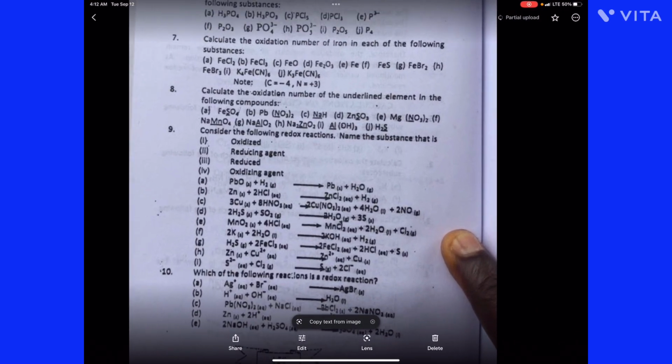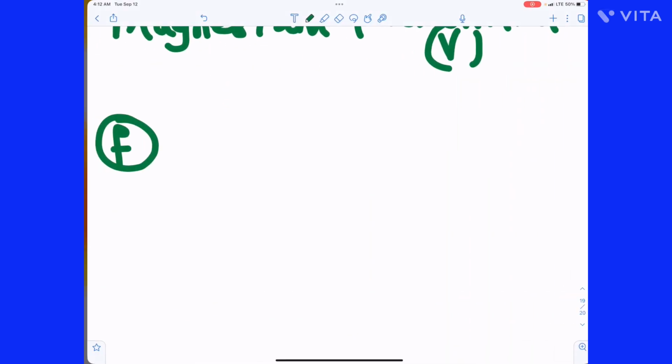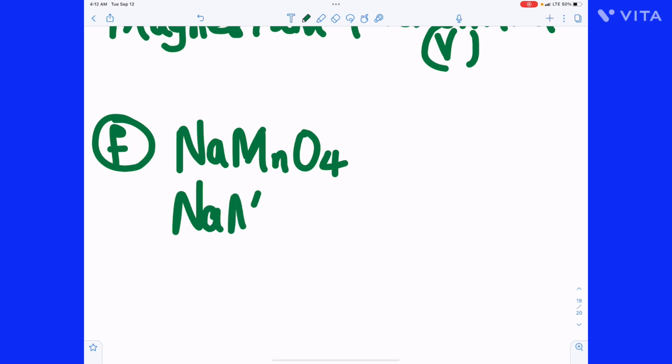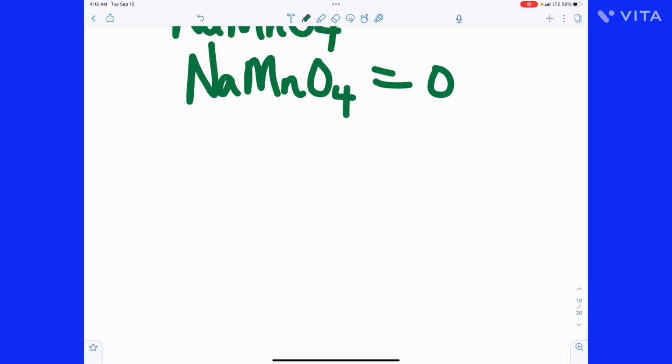In F, the compound is NaMnO4. We have to find the charge of Mn. There's no charge on the compound, so the charge on it is 0.